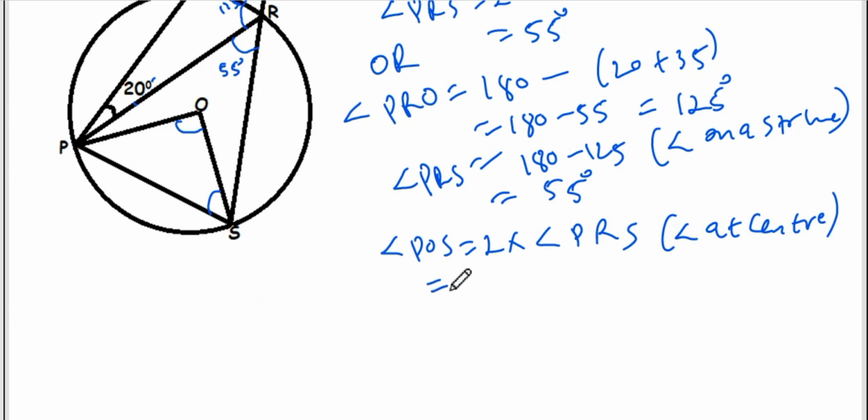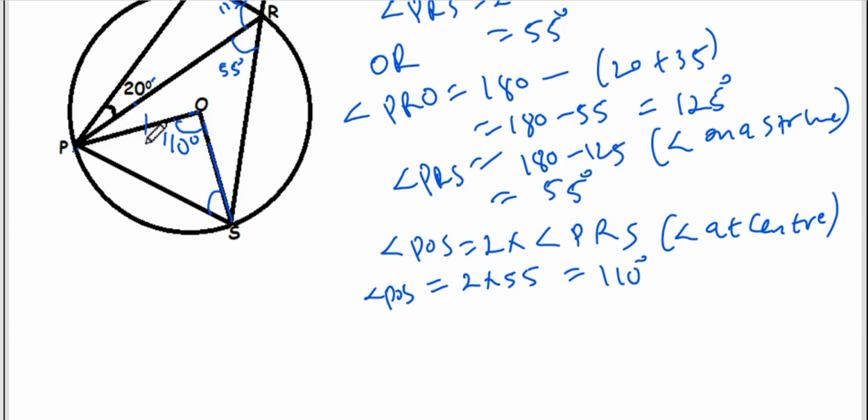So angle POS becomes 2 times 55, that's 110 degrees. Now this is a radius. Any line drawn from the center of the circle to the circumference is a radius. So this is equal to this.